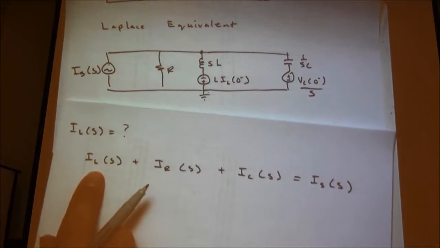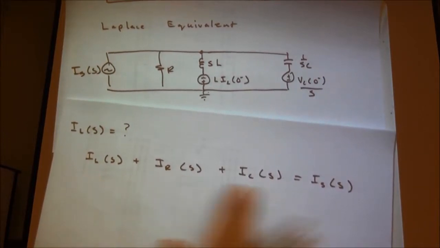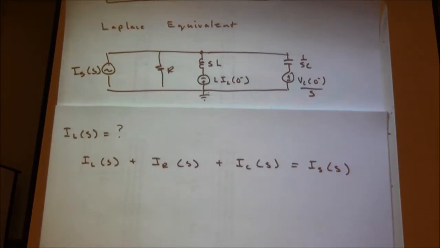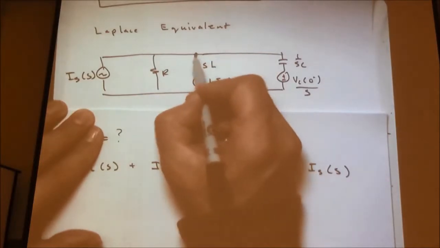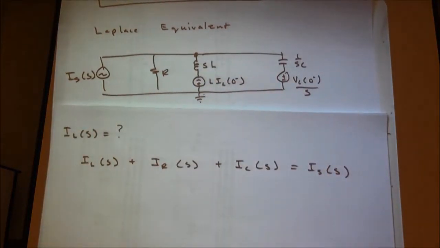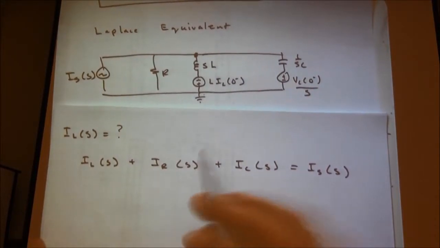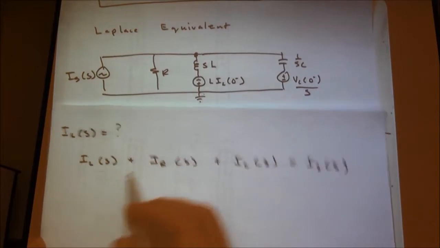Well, there's our parameter of interest, so we don't want to do anything with that. But we have this IR and IC. Well, how do we find those? Well, what's the voltage there? So if I'm doing this as node analysis, I could write this a different way.